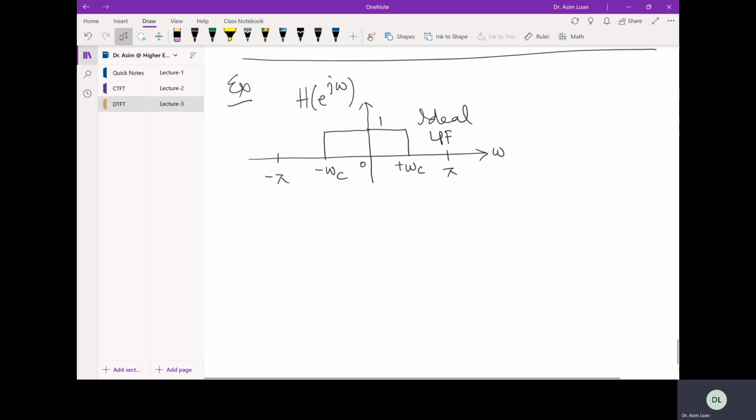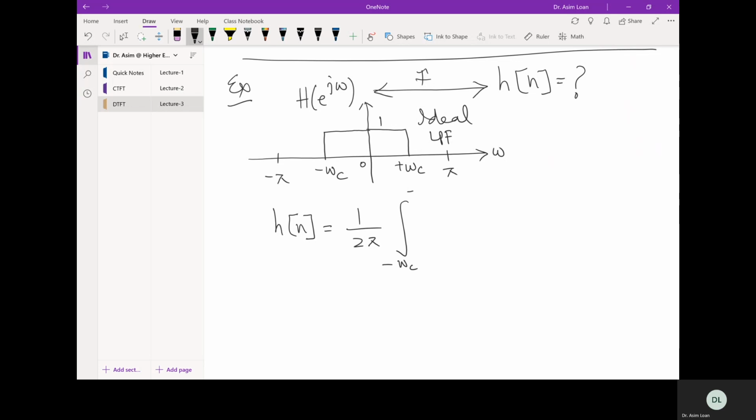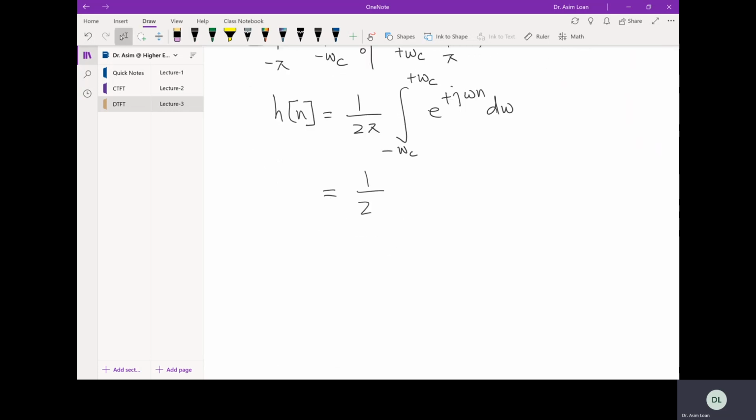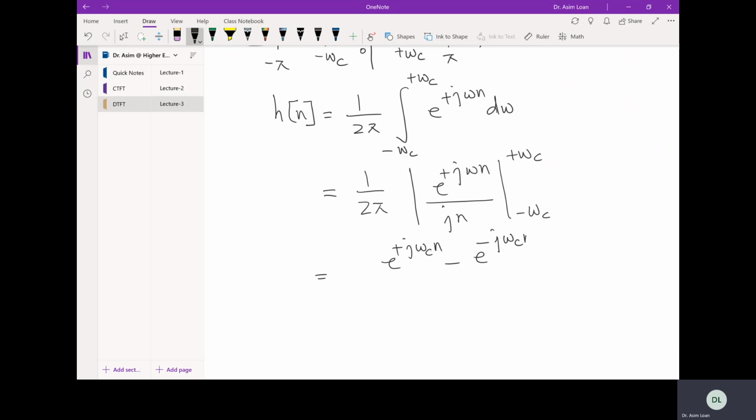So what is h of n? h of n is 1 over 2 pi, integral from minus omega c to plus omega c of 1 into e^(j omega n) d omega, which is equal to 1 over 2 pi, e^(j omega n) over jn from minus omega c to plus omega c, which is equal to (e^(j omega c n) minus e^(minus j omega c n)) over j2, and 1 over n pi.